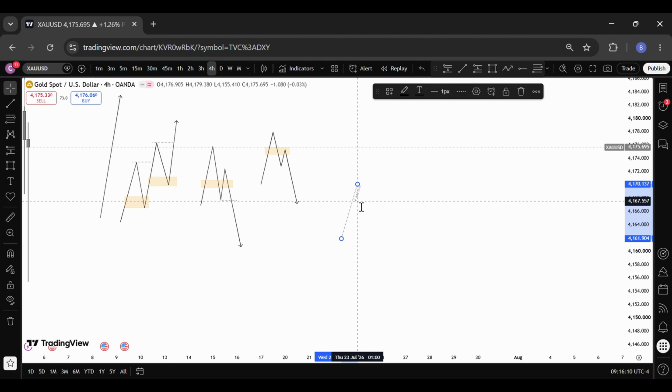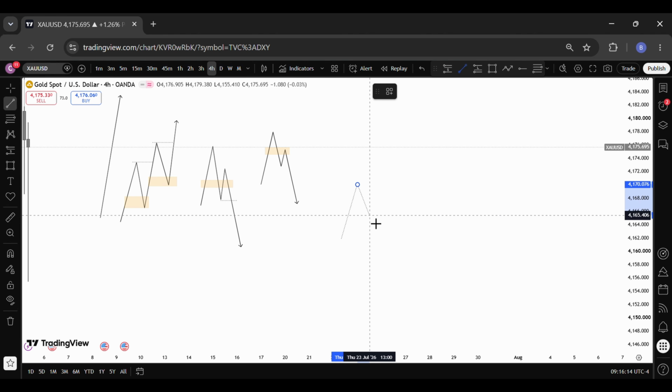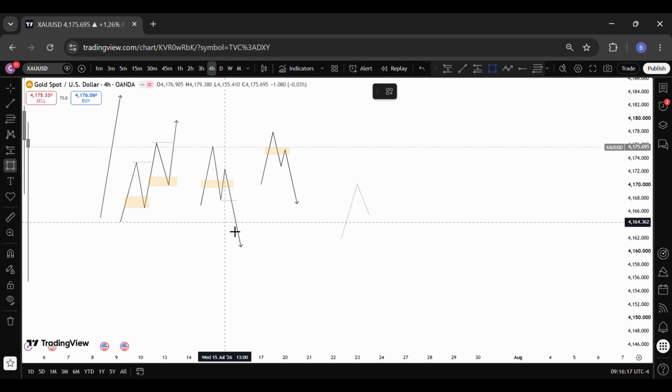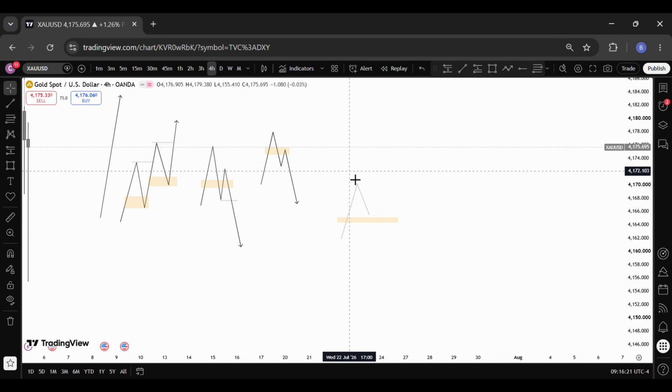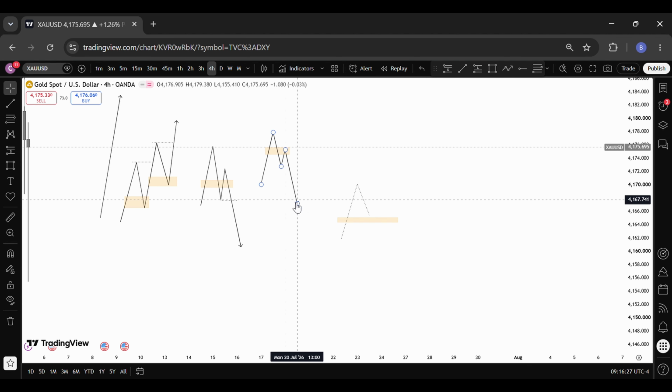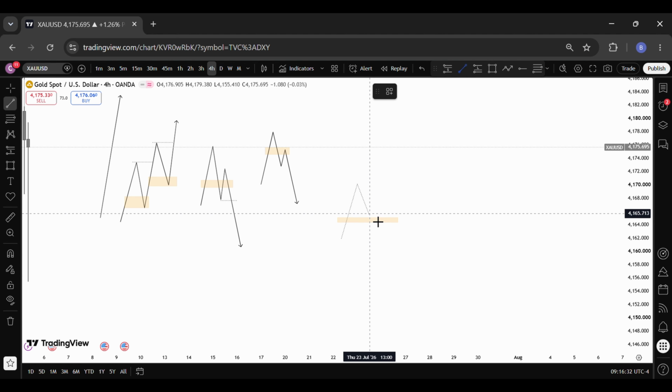Let's say price creates, I'm going to use this for example, price creates a bullish imbalance here, right? Now, in order to see and understand these important highs and important lows I'm talking about, you would want to see price seek value from this fair value gap, close above it.